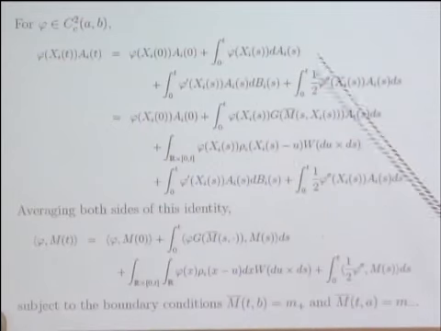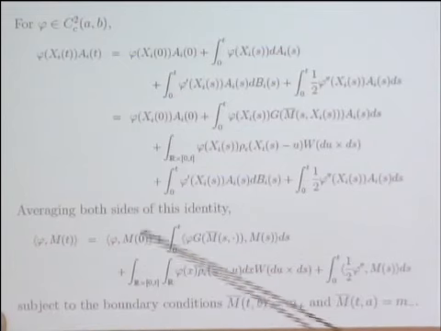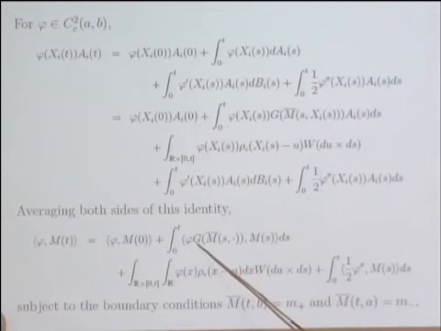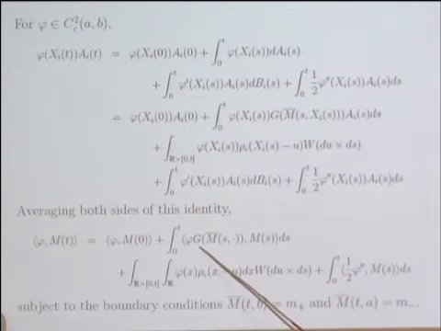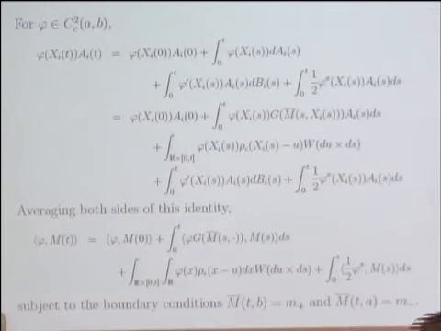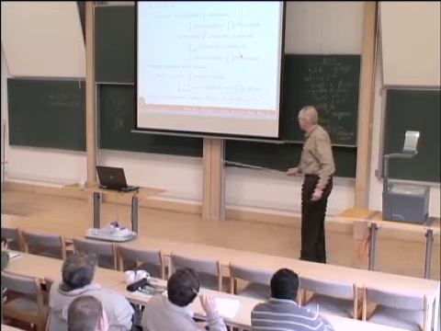So I get all this. I play the same game. I do the averaging. Out pops this. And as long as G is minus m bar squared minus 1, okay, then if this term wasn't here, what's left would just be the weak form of the Allen-Cahn equation, okay?